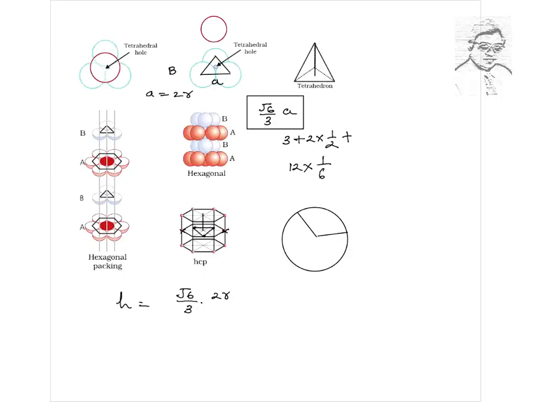And we want the total height of the HCP, and that will be twice h, which is 4 root 6 by 3 r. Okay. Now let's proceed with the volume calculation.